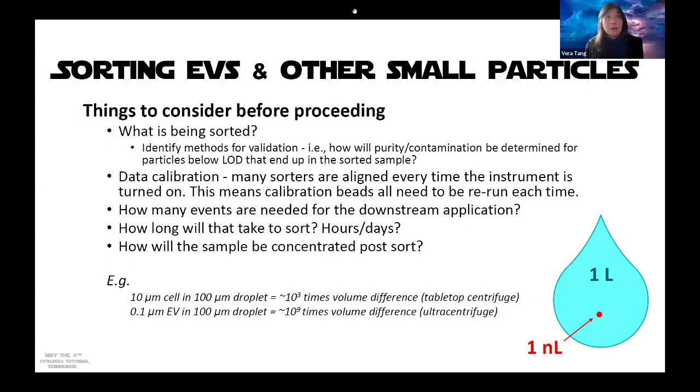Because you don't want to lyse all the particles that come out afterwards. And that presents more of a challenge in terms of adding more noise to the system that you then have to figure out how to remove. So it really eats into the limit of detection that you are able to get on an analyzer, but maybe practically speaking is not going to be so feasible on a sorter.